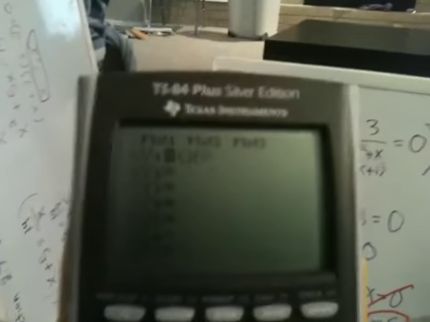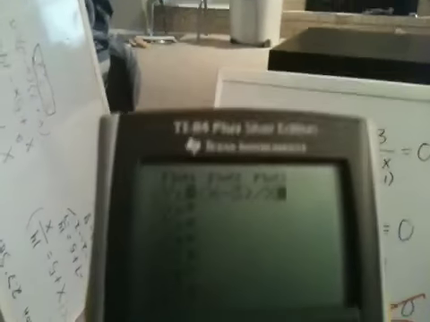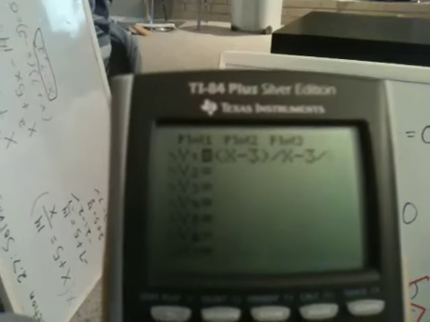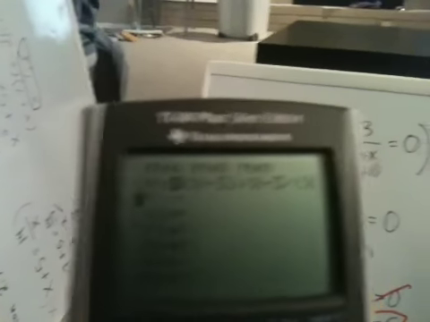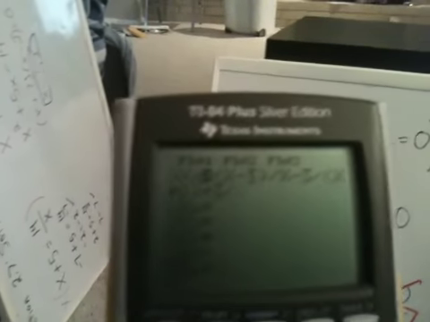So x minus 3 needs to be in parentheses, divided by x minus 3 in parentheses for the bottom. Anytime I have more than one thing on the top or the bottom, it's going to need to be in parentheses. Plus 3 over x squared plus x.